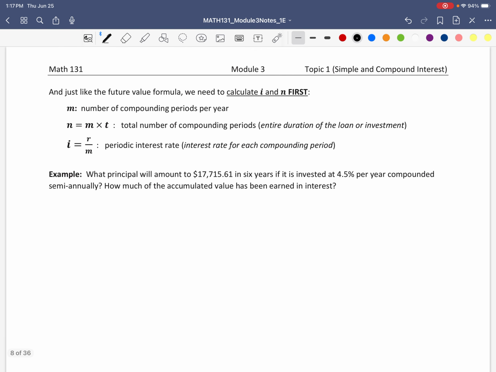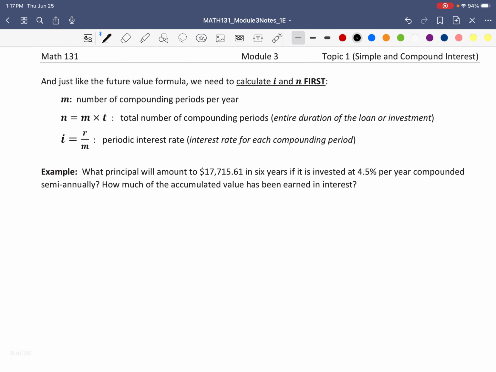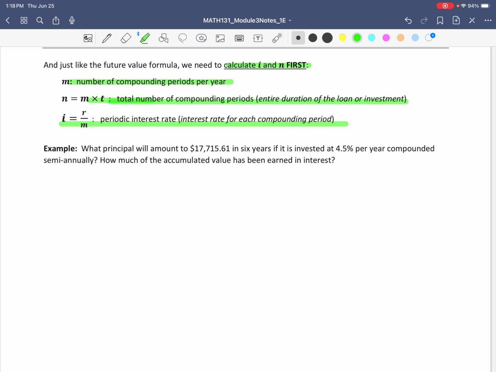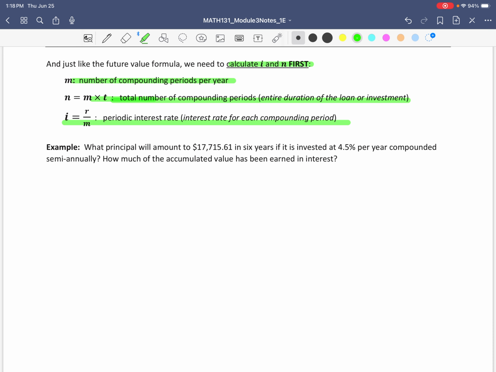Okay, let's do our first question again, remembering that we need to first calculate I and n. We need to see what our m value is in order to calculate our n value, as well as our I value. So similar to our future value formula question, now we're going to use our new formula, which is rearranged for present value.